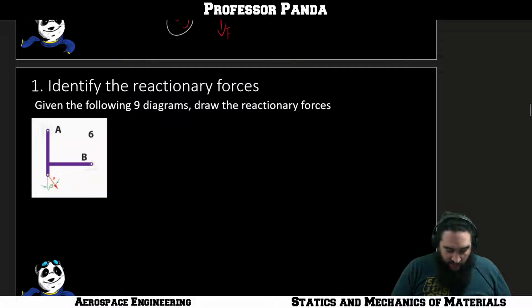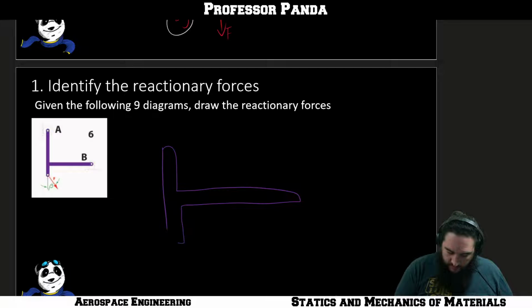Okay, interesting. Now we have an angle given to us, so let's go ahead and draw our representative body. And let's start with alpha. Alpha is a roller on its side now, so I'm going to assume that we only get AX.